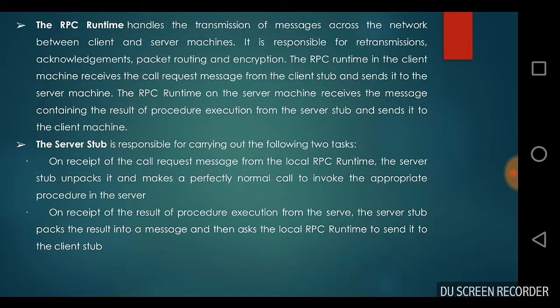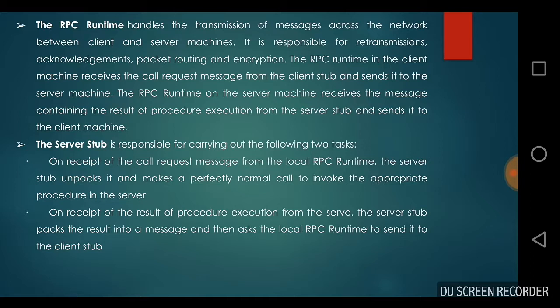RPC runtime handles the transmission of messages across the network between the client and server machines. It is responsible for retransmission, acknowledgement, packet routing, and encryption. Then the server stub performs just like the client stub, that is when it receives the message from the RPC runtime of the server machine, it will unpack the data and make a perfectly normal call to invoke the appropriate procedure in the server.